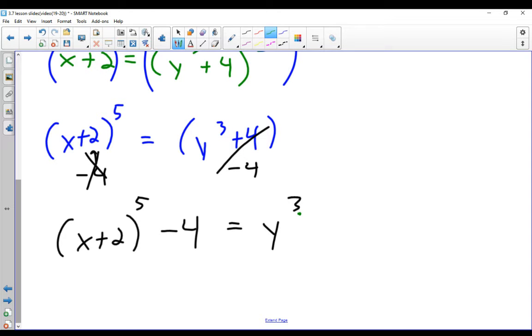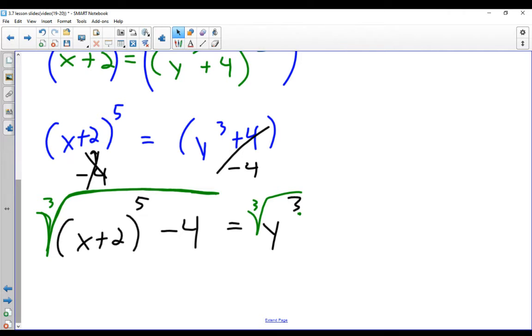And of course, you guys know how to get rid of a power of 3. Just take the cube root of both sides. Now I do want to mention, when you take the cube root, make sure it goes over everything, including the minus 4.